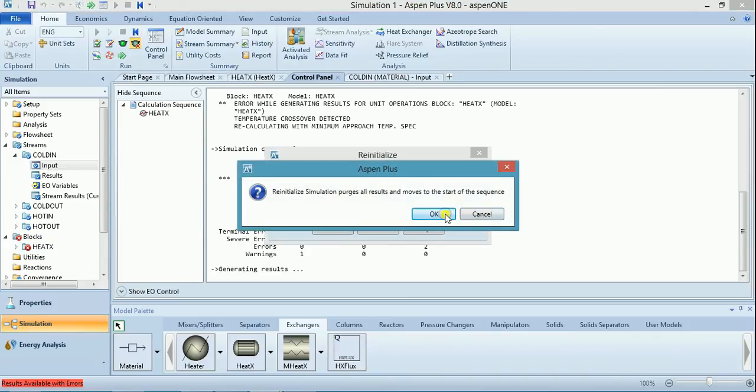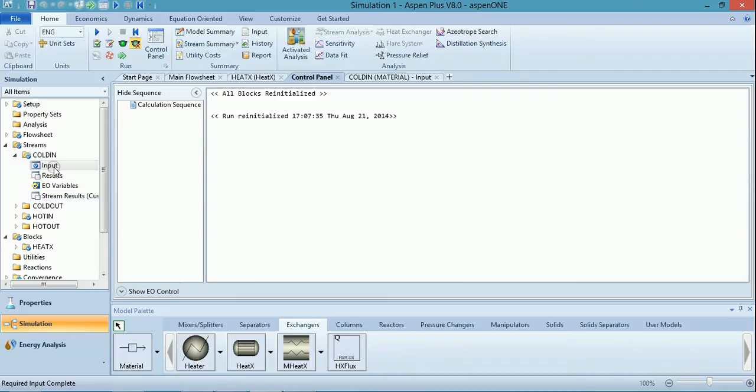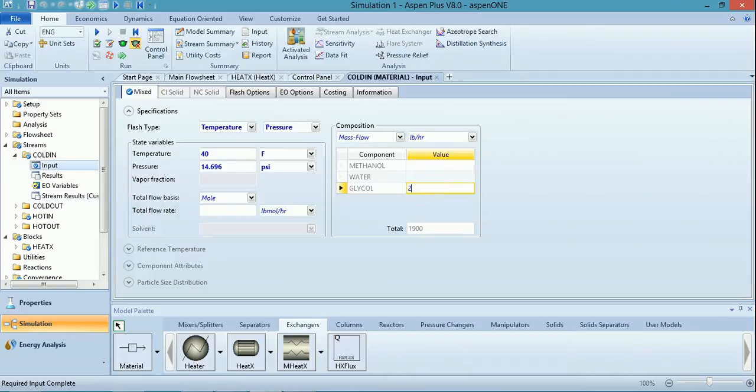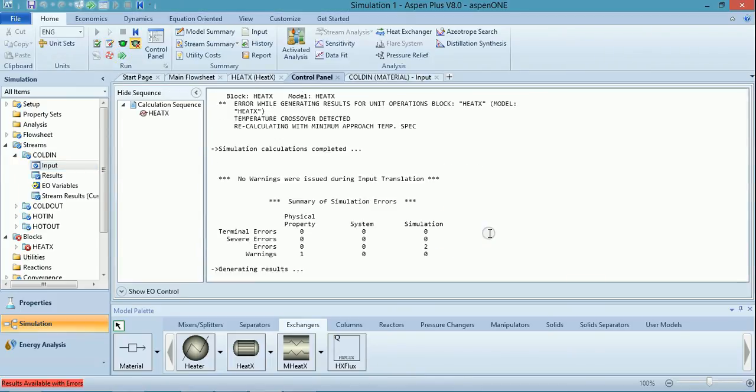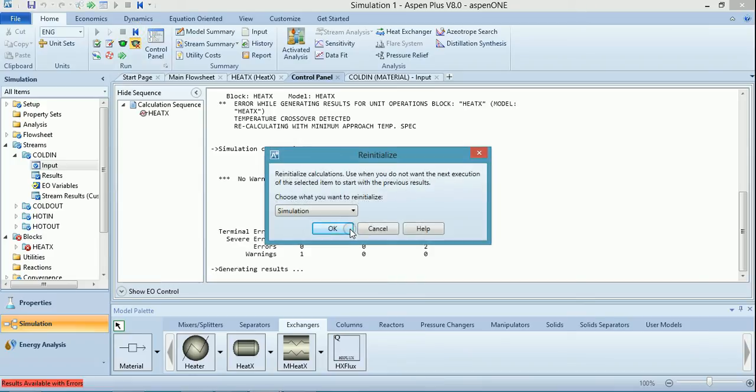Right. Okay, so it is definitely below 2500. I'll reinitialize the simulation again, and go to the cold stream input. So it's something below 2500. Let's take it to 1900. I'll press next and run the simulation.